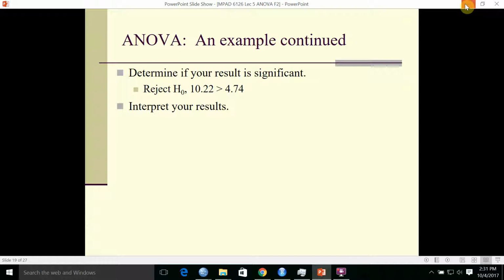We are going to reject the H naught. There is a significant difference. 10.22 is much greater than 4.74 on the F table. So 10.22 would be much more unlikely than even our alpha of 0.05 level.